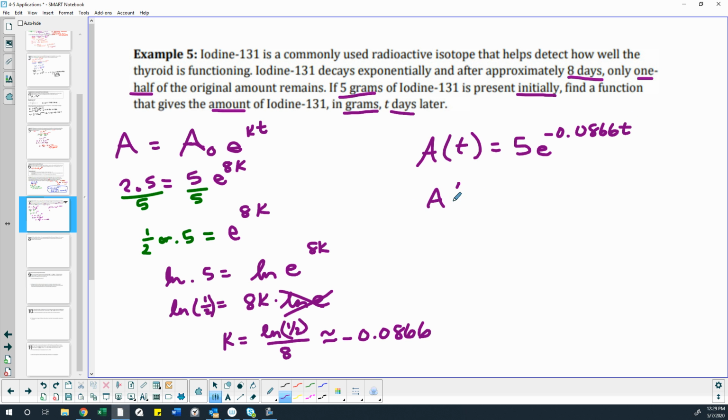Or if we want a formula where it's actually going to give us exact instead of approximate, we can just leave our original answer, the natural log of 0.5 divided by 8, as our whole k value times t. So then just using that formula and plugging in whatever t value will give us a more accurate version of the answer if we were going to use this formula.